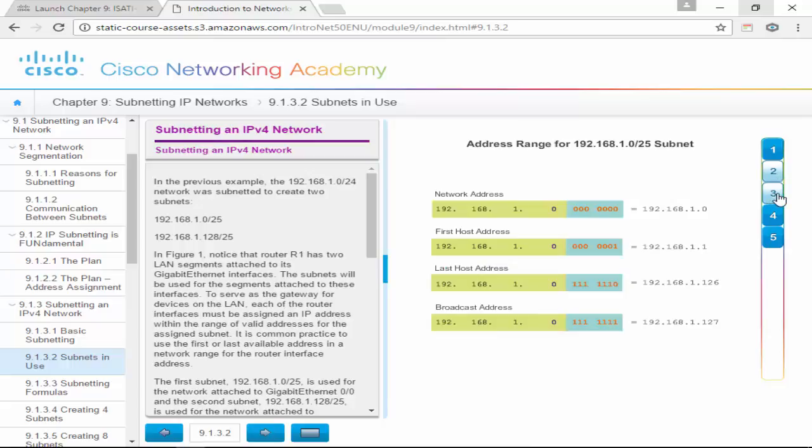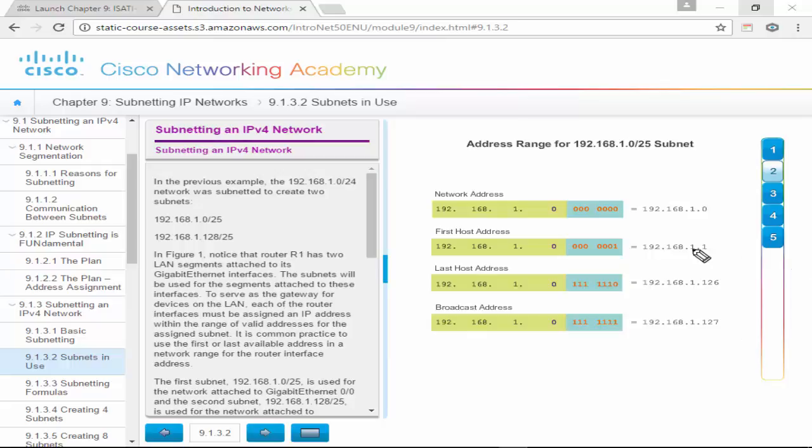And so our address range, what it's showing us here is on our first network. If we have all zeros, that's our network number. This is our first network, right? The network number is 192.168.1.0. The first usable host, well, we can just put a 1 in there.